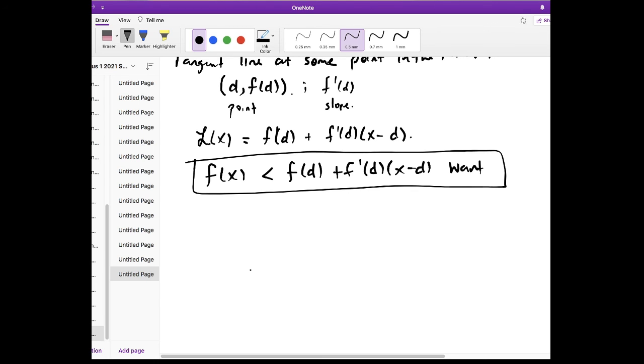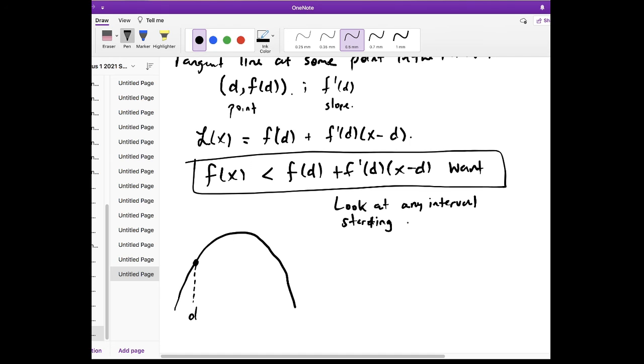Okay, so let's do it. Let's just see this as a picture. Here's my concave, or perhaps concave down function. This is where the second derivative is all negative. And we have this point D. We're going to look at all values to the right of D. Look at any interval starting at D to the right.